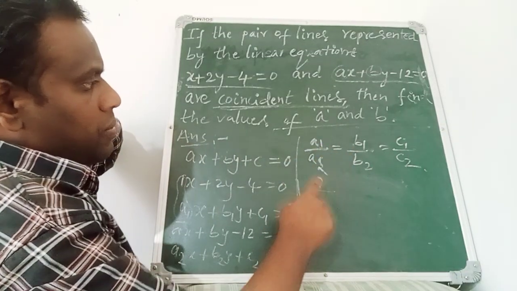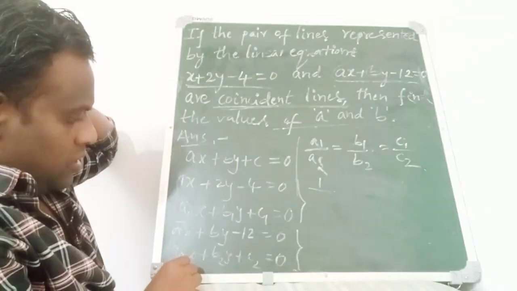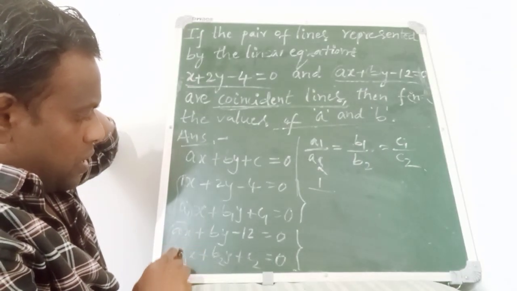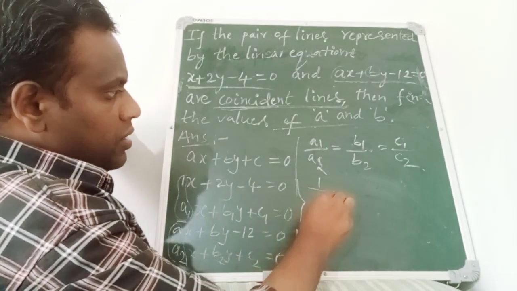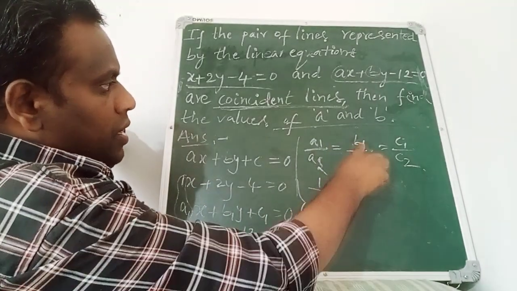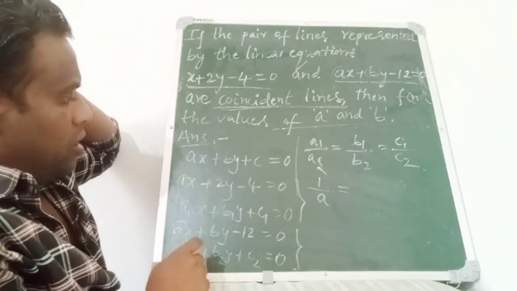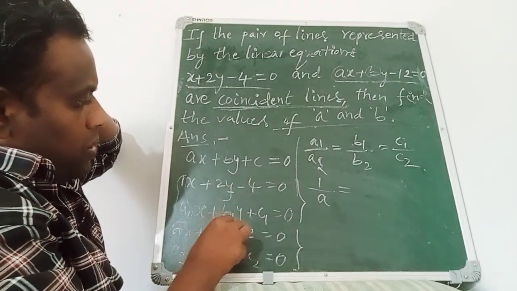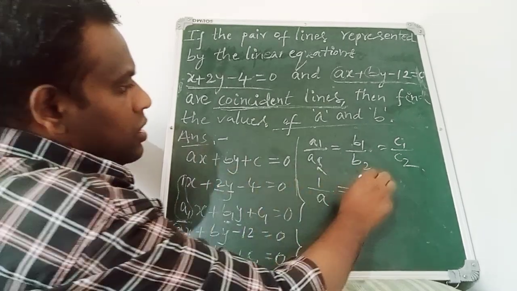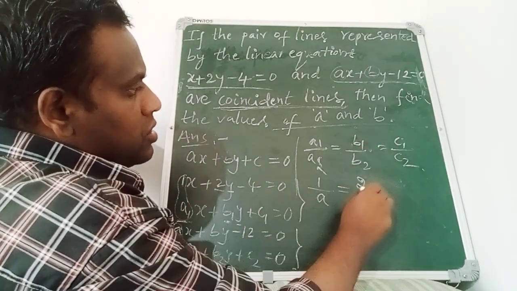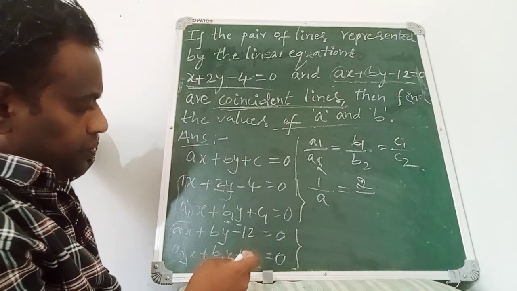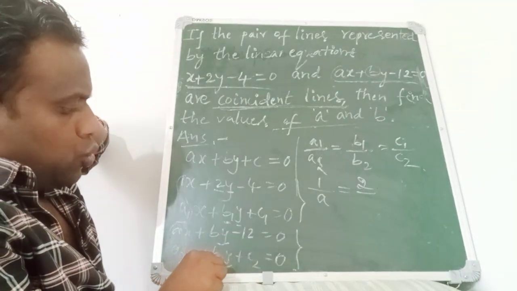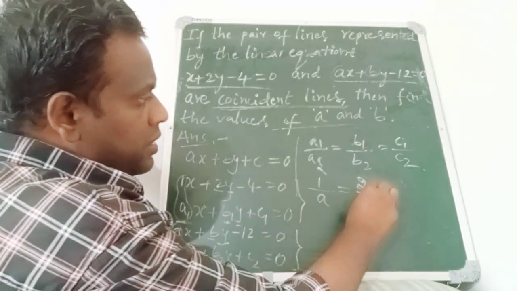Next, divided by a2: here, x same, in place of a2 we have a, so I will write a. Next, equal to b1 over b2: y same, in place of b1 we have 2, I will write 2. Divided by b2, we have b, I will write b.